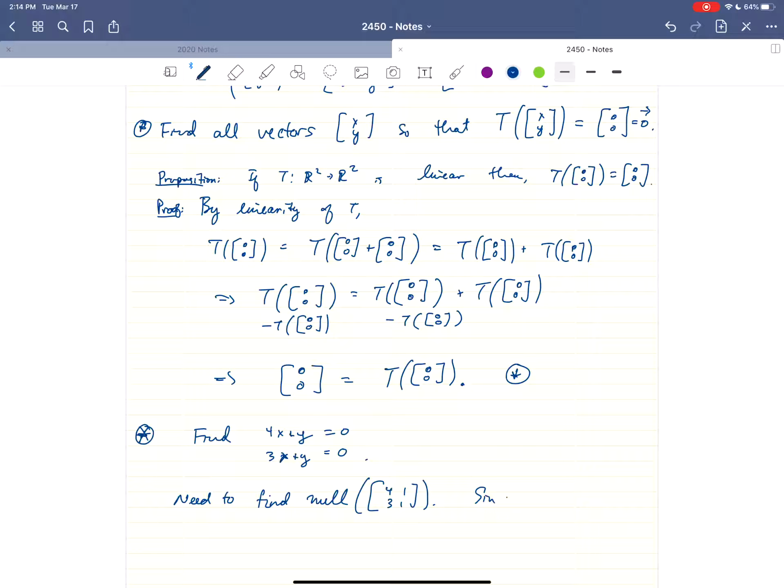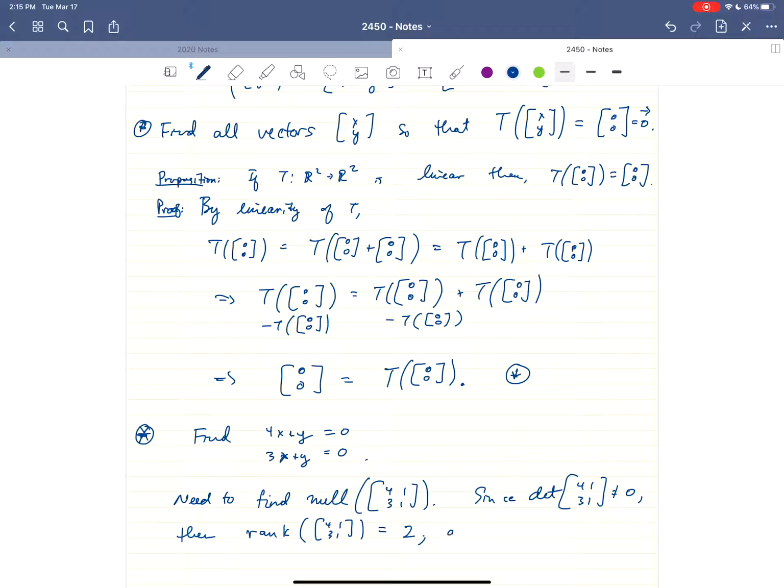And since the determinant of the matrix [4, 1; 3, 1] is not 0, that means that the rank of the matrix is 2. It's got full rank. It's invertible.